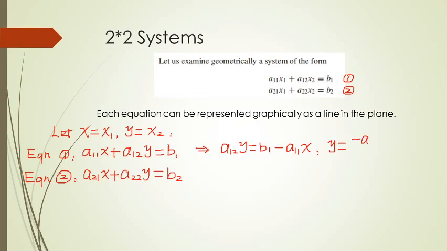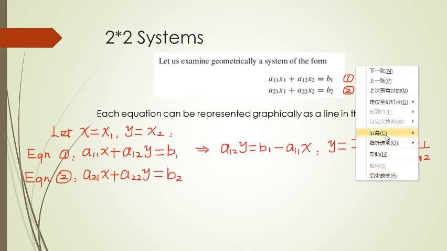So that is minus A11 over A12 x plus B1 over A12. Everyone is clear? So we express y using x. So that becomes minus A11 over A12 times x plus B1 over A12.